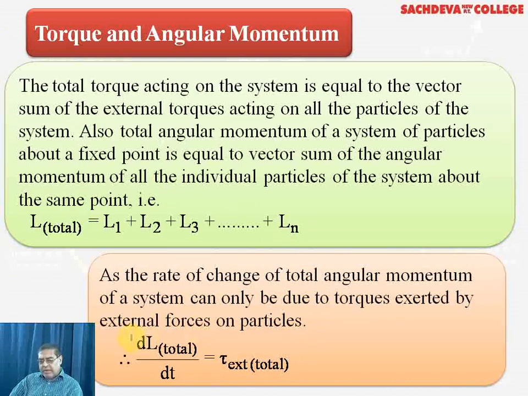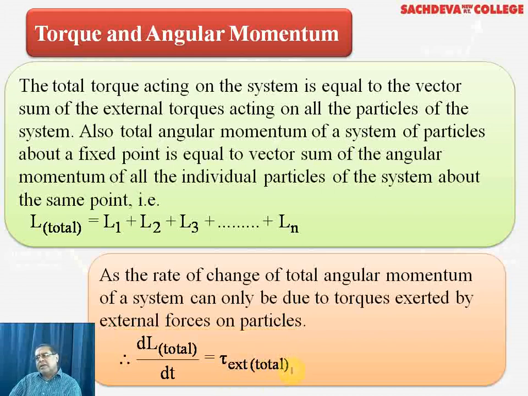So we take the derivative d over dt of L total, the derivative of the total angular momentum with respect to time, and that is equivalent to the total external torque. Moreover, there is a law, the conservation of angular momentum.